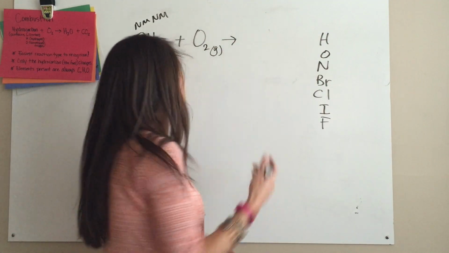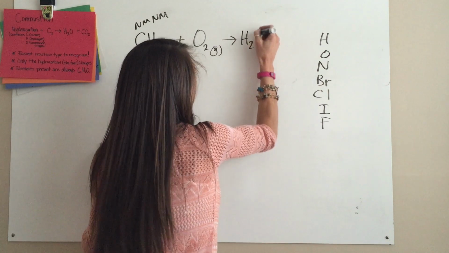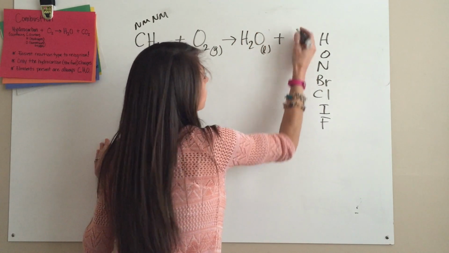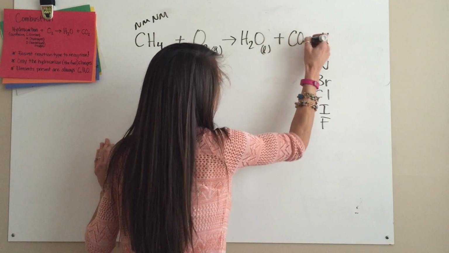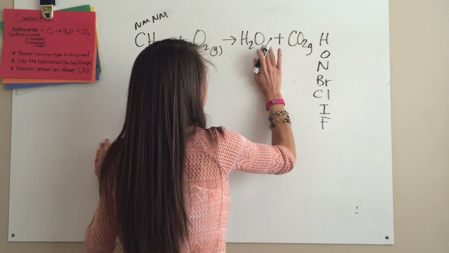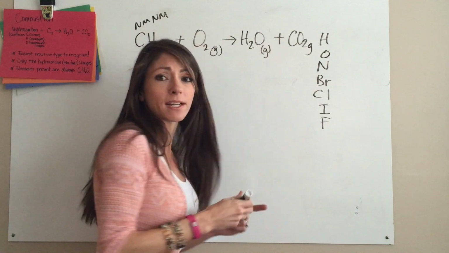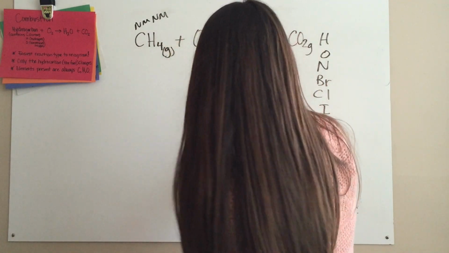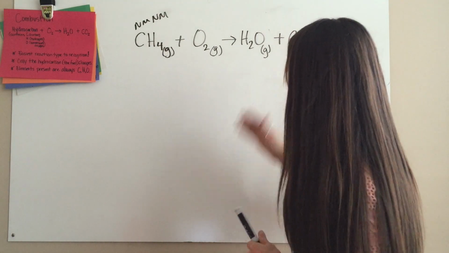All those words mean the same thing. Water, H2O, and carbon dioxide. Now, actually, this may be a water vapor that is released, so it may be more appropriate, since it's being burnt, to actually put a G there.